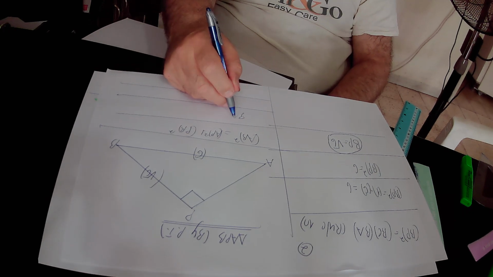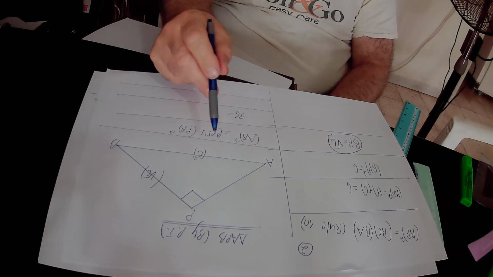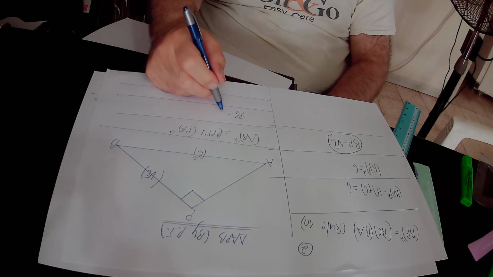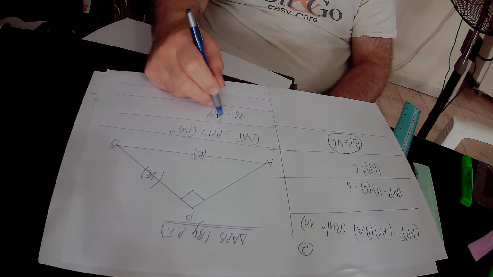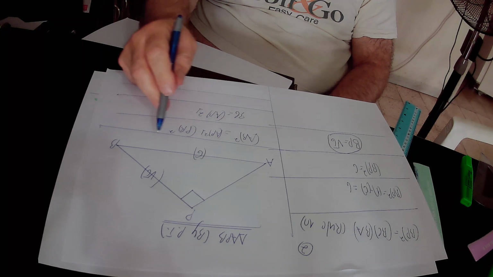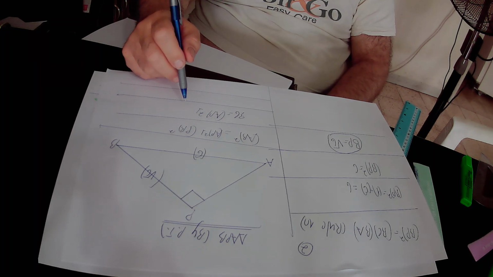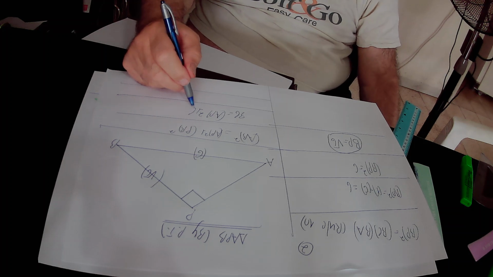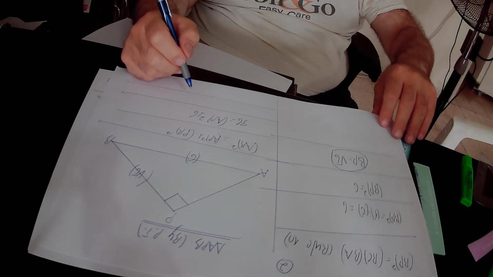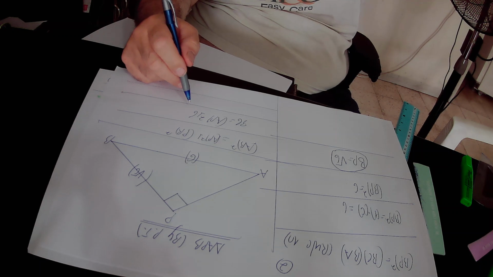So 36 equals AP squared. AP is the missing side, so we leave it as it is. Plus PB squared. PB is the square root of 6, therefore PB squared is the square root of 6 squared, that is 6. So in conclusion, 36 equals AP squared plus 6.